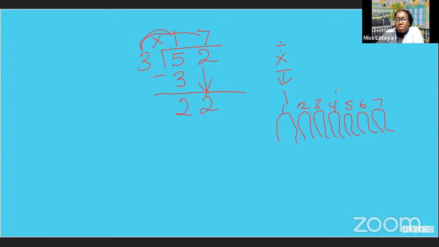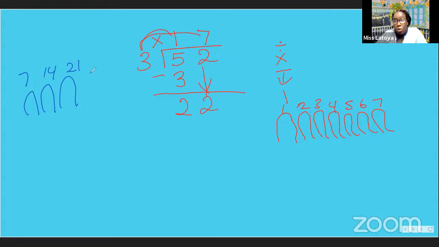Now, question. I've been showing you all how to divide, and we can divide by counting using our fingers until we get to the number. Now, what can I do to multiply? Miss, I can't remember my tables well. Well, you can put up your fingers first. Let me demonstrate. If I want to know 3 7s, I can do 2 things. I can put up 3 fingers and count in 7s: 7, 14, 21.